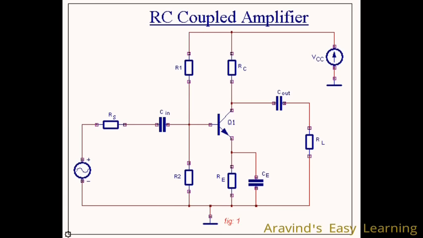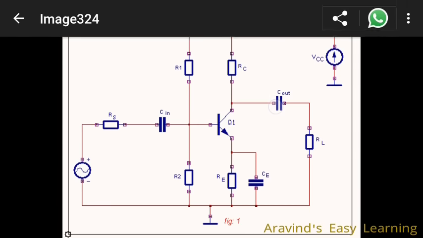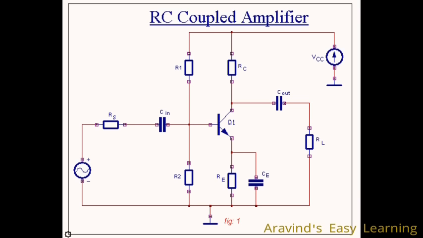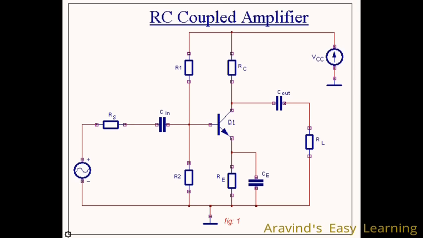These two capacitors, C in and C out, are known as the coupling capacitors. The input coupling capacitor, C in, only allows the AC input to reach the base of the transistor, and it blocks any DC component that is present in the input.